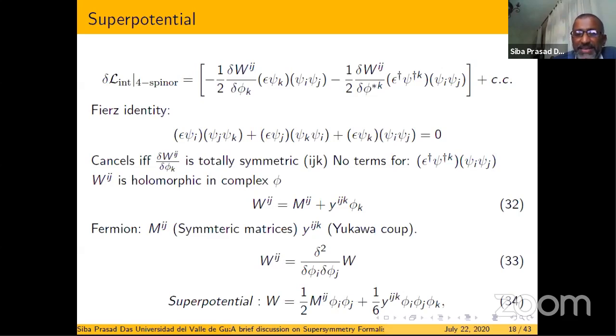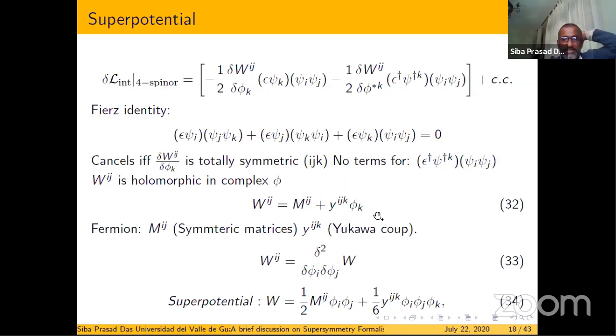If I have a W_ij which I call M_ij, this is some kind of mass matrix for the fermion, which I will come back to in the next slide. And if I have a term Y_ijk, this Y is a Yukawa coupling. So I have a Yukawa coupling Y_ijk phi_k, and the fermion mass M_ij is a symmetric matrix.